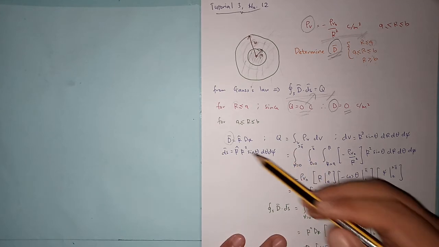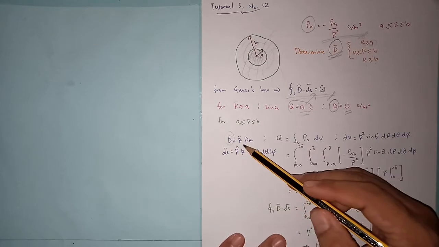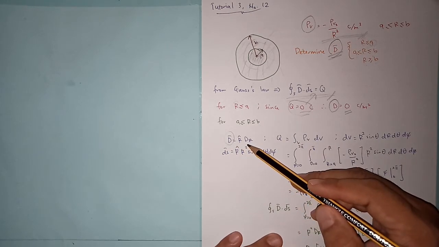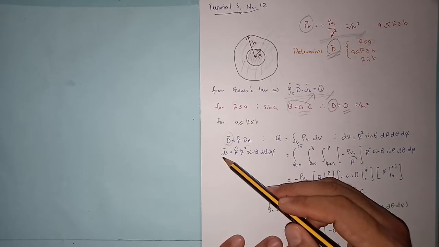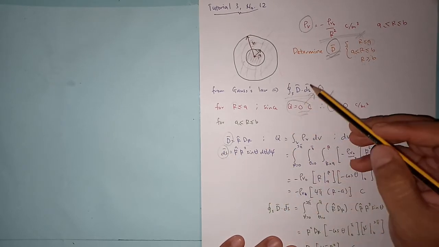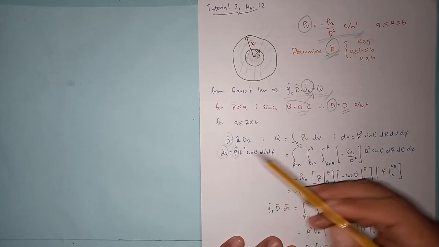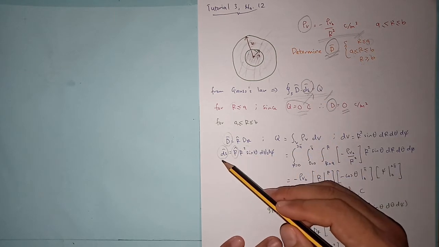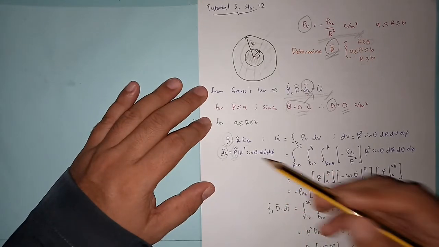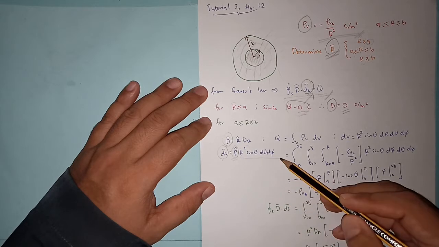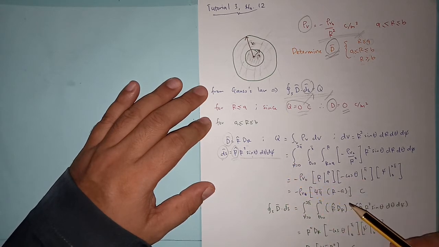So the general expression for our vector D is equal to r cap multiplied by D_r. And our vector dS, which also points in the r cap direction, in a spherical coordinate system is given by this expression: r cap r squared sine theta d theta d phi.